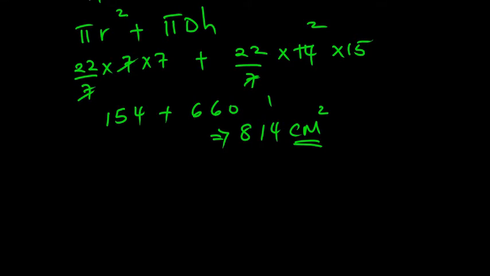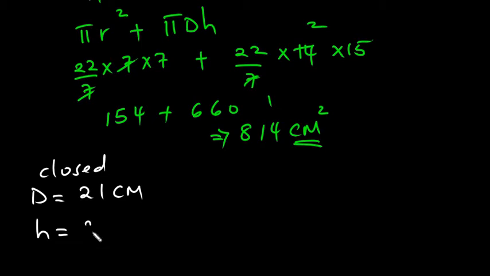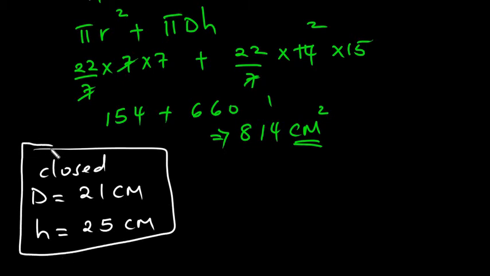Try to work out the surface area of a closed cylinder whose diameter is 21 centimeters and the height is 25 centimeters.